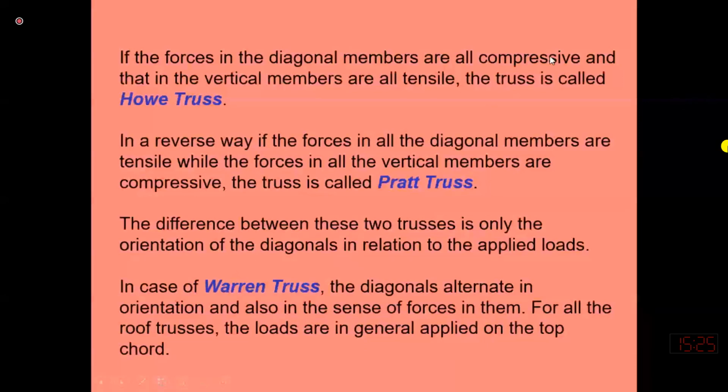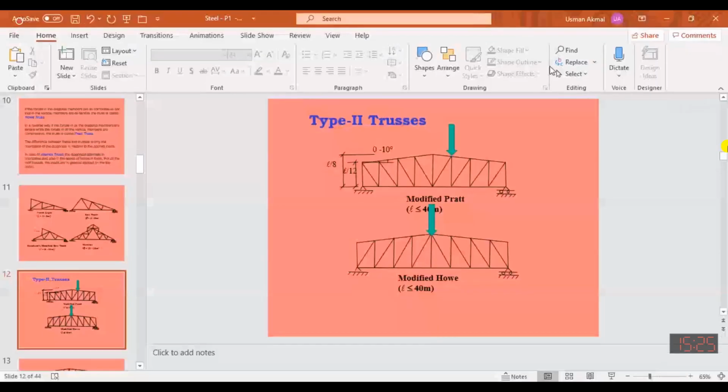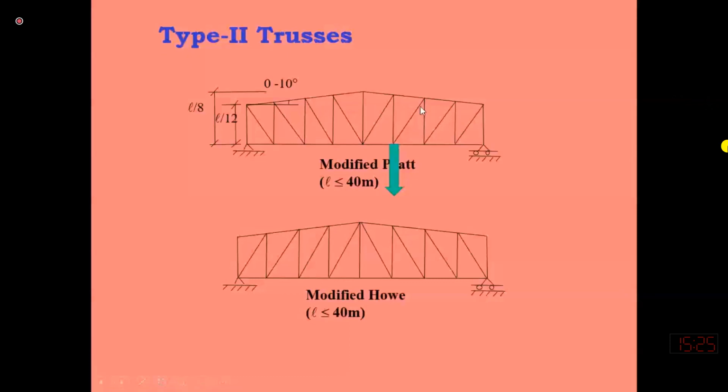That doesn't mean that this truss will always be Pratt. This truss will become Howe if the load is acting at the bottom chord. In case of the bridge, when the load is acting, then this member will be in compression and this member will be in tension.